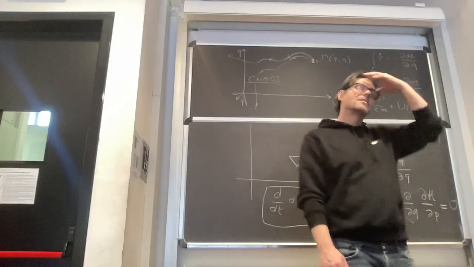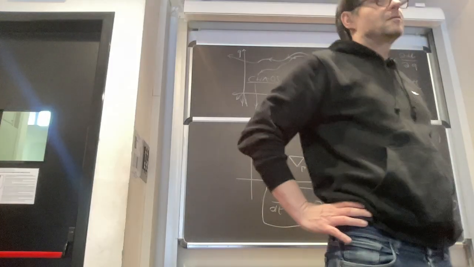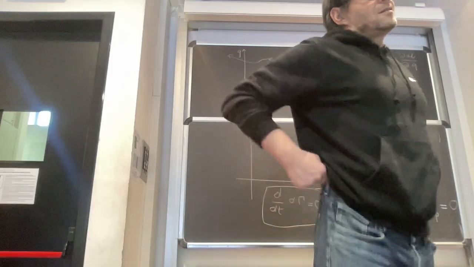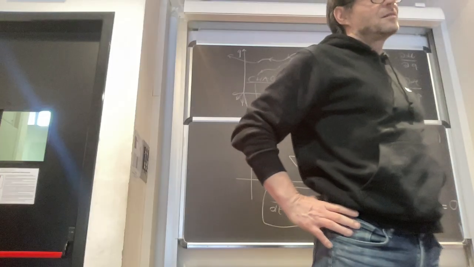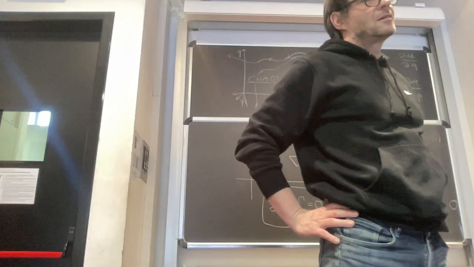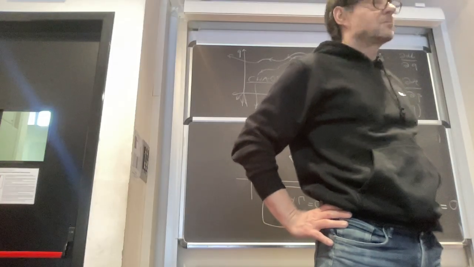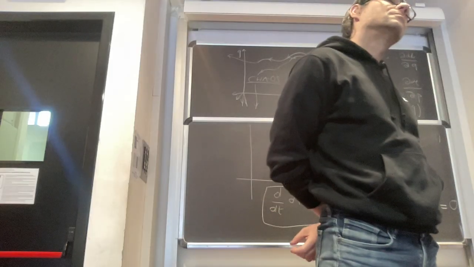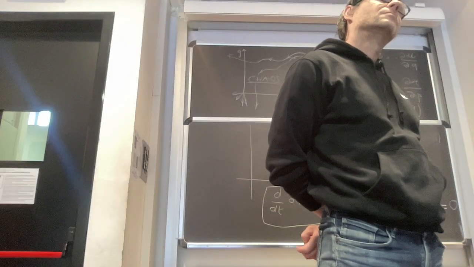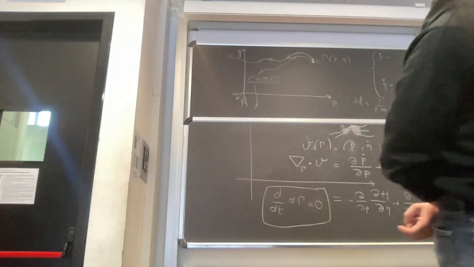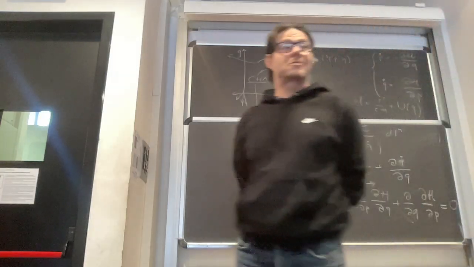Now this has, yes? Not considering the case where there is an unreachable part, how do we know that there are trajectories that fill phase space? Oh no, we won't.